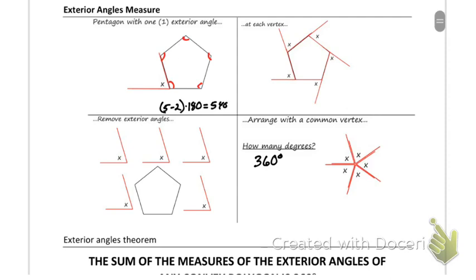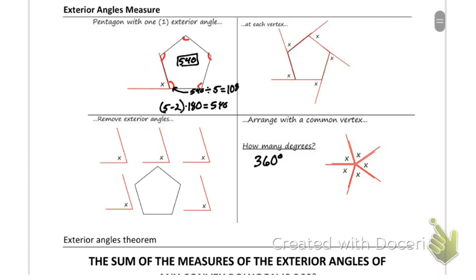And then you divide 540 by 5 because all the angles are congruent. So one angle is going to be 540 divided by 5, the number of angles you have. What do we come up with? You can use your calculator.